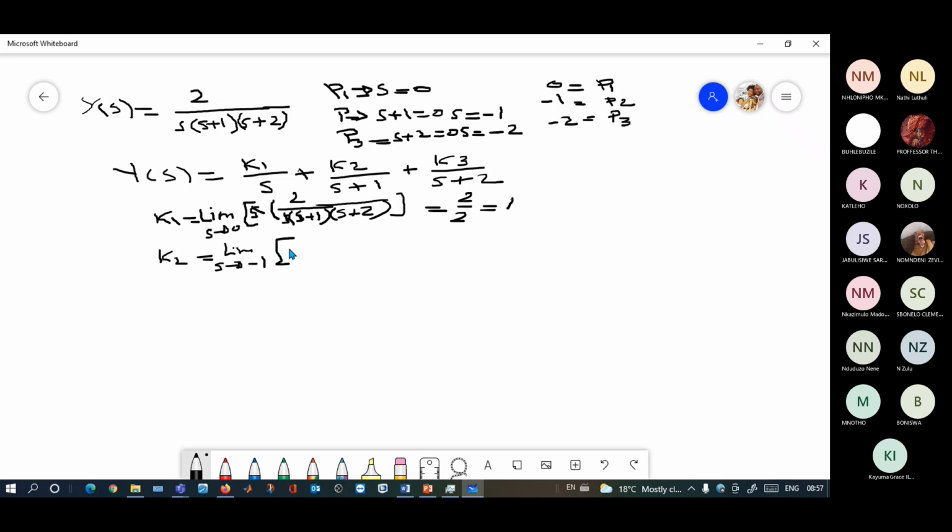We're going to have (s plus 1) times 2 over s times (s plus 1) times (s plus 2).